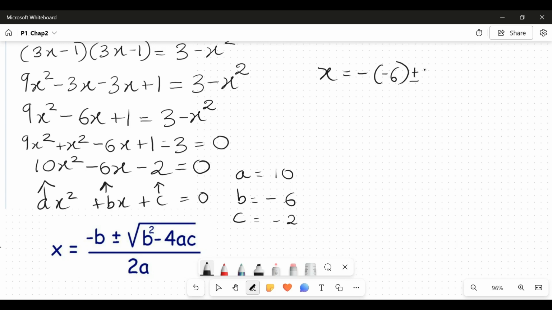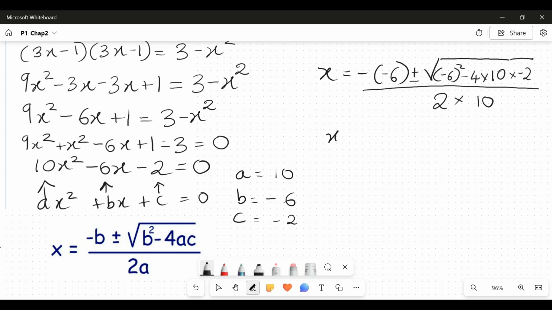And then we have plus or minus square root of b squared, which is minus 6 squared, minus 4 times a. The value of a is 10, and the value of c is minus 2. So times minus 2, and that divided by 2 times a, which is 2 times 10.